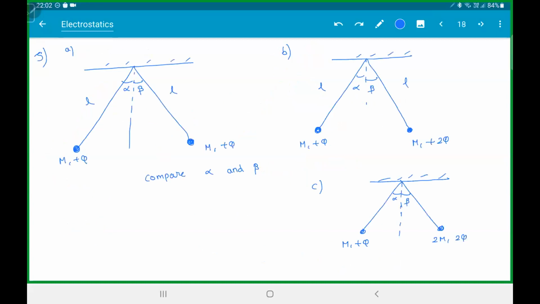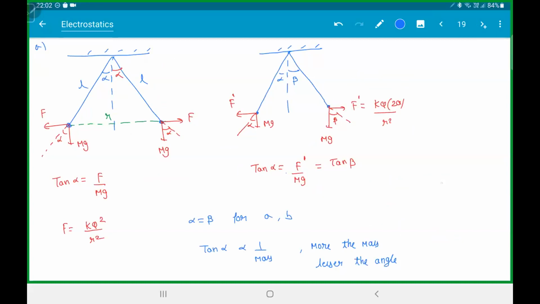In the third case, mass is more on the 2m side, so beta will be small, because the mass is more.